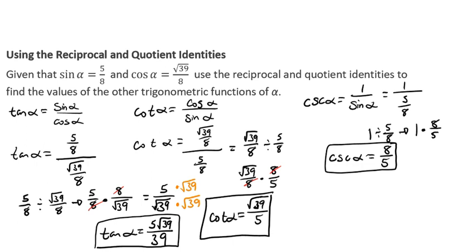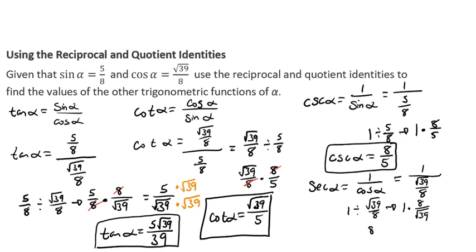And then lastly, we need to find our secant of alpha, which is 1 divided by our cosine of alpha. So we're going to have 1 divided by the square root of 39 over 8. We're going to rewrite that as 1 times 8 over the square root of 39, which gives us 8 over the square root of 39.